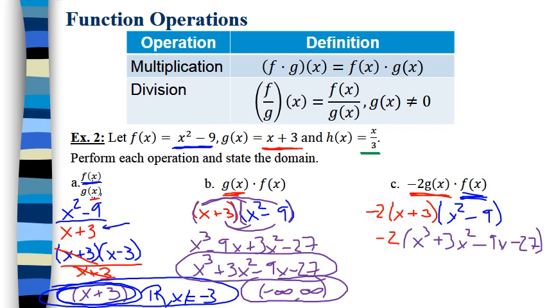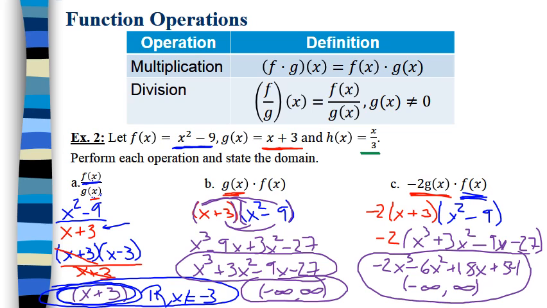And so now all I need to do is distribute in the negative 2. So negative 2x cubed minus 6x squared plus 18x plus 54. Okay, and of course the domain here, this is a polynomial, so we can put any number in that we want for x, because there's no reason x can't be anything between negative infinity to infinity.